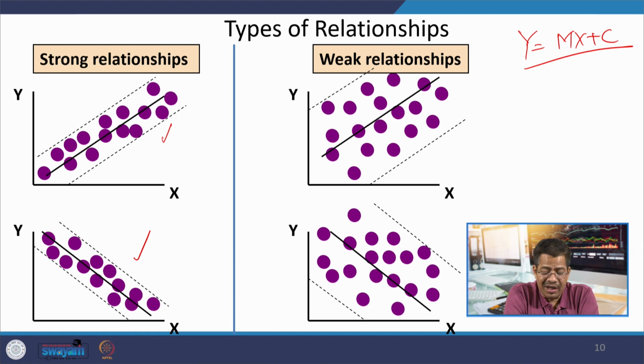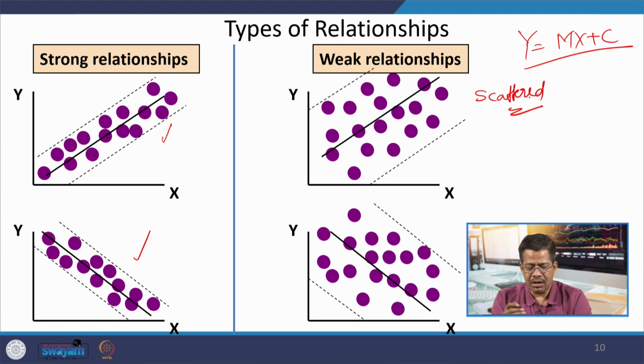That is a strong relationship. But if you see the right hand side images, here y is quite scattered, and when it is scattered, it is not very sure, because when x is moving, let us say here, one possibility of y is this, and another possibility is this, and another possibility is this also.